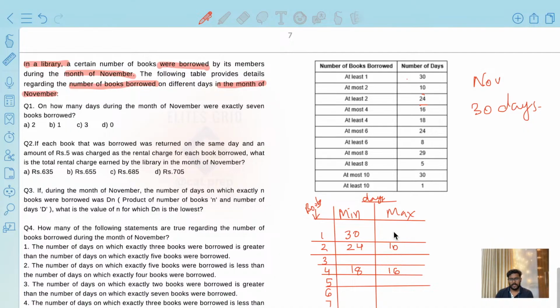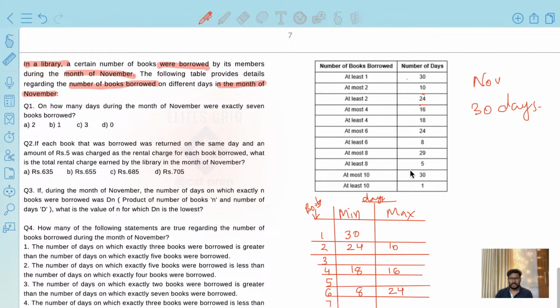This will be 5, 5, 5, 5. Six, six, at least eight, at most 24. Seven, no, yeah, eight.